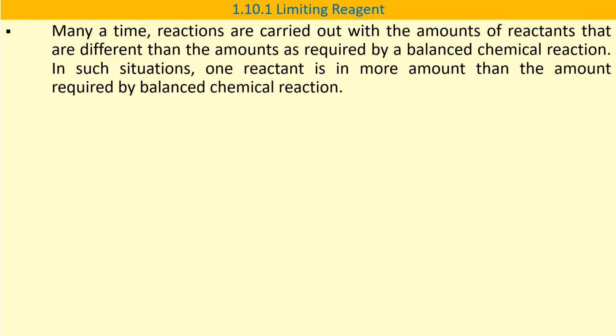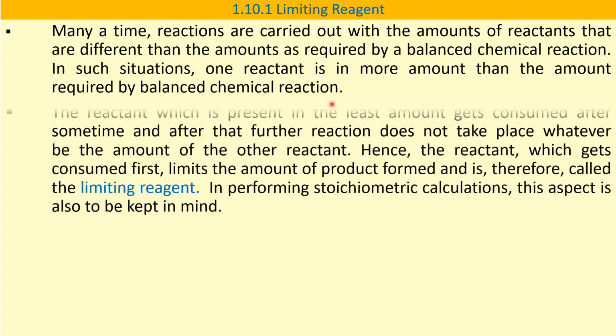So I will repeat this. Many a time, reactions are carried out with amounts of reactants that are different than the amounts required by the balanced chemical reaction. In such situations, one reactant is in more amount than the amount required by the balanced chemical reaction.